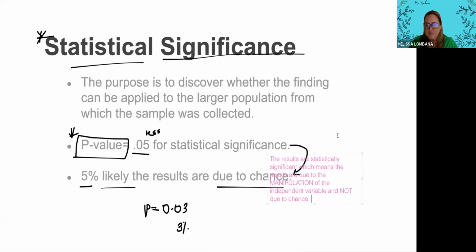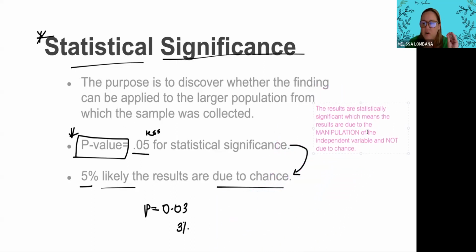This is the perfect answer for any FRQ. This is what you want to answer. If they're talking about statistical significance, this is your go-to answer.